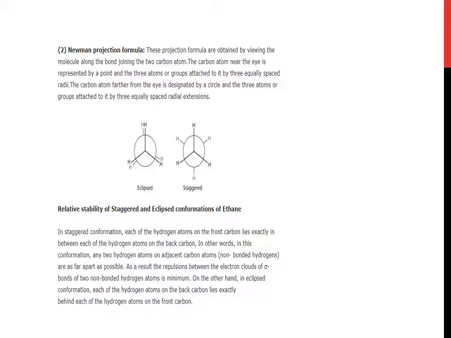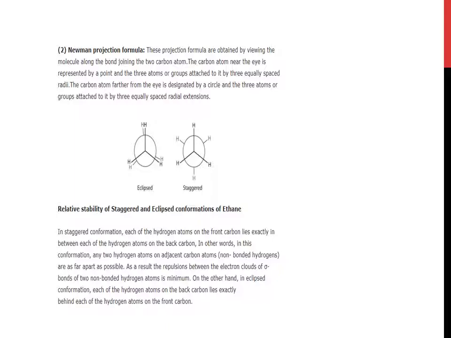In staggered conformation, each of the hydrogen atoms on the front carbon lies exactly in between each of the hydrogen atoms on the back carbon. In other words, in this conformation, any two hydrogen atoms on adjacent carbon atoms are as far apart as possible. As a result, the repulsions between the electron clouds of sigma bonds of two non-bonding hydrogen atoms is minimum.